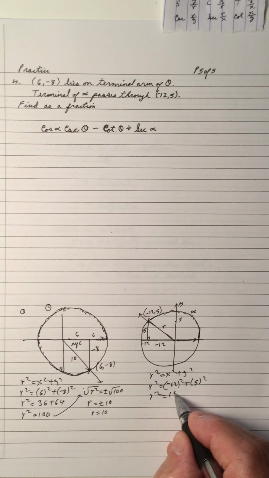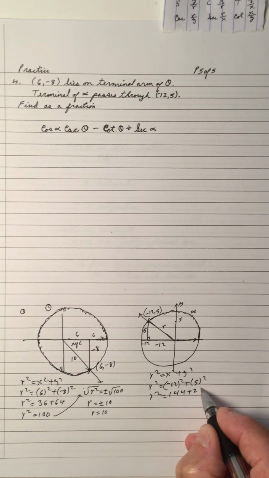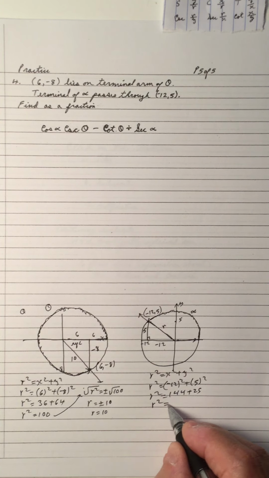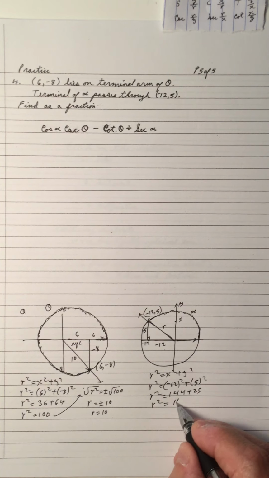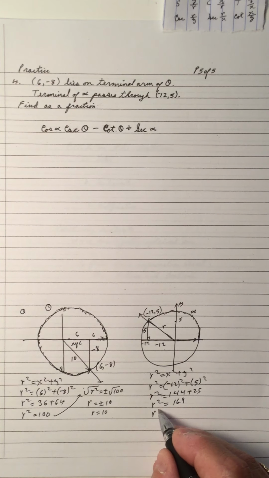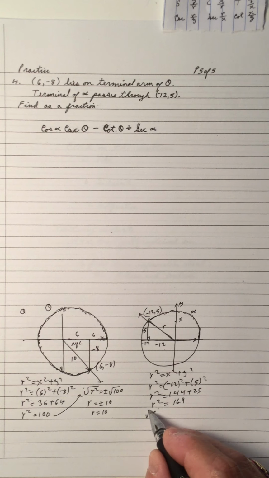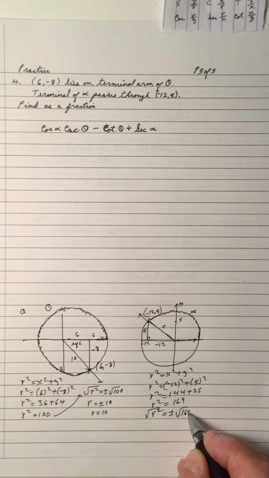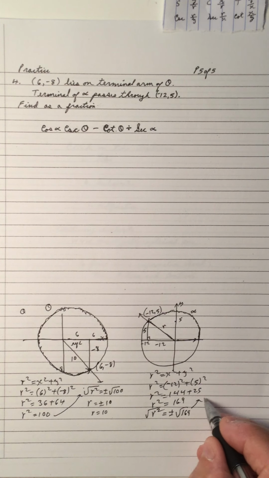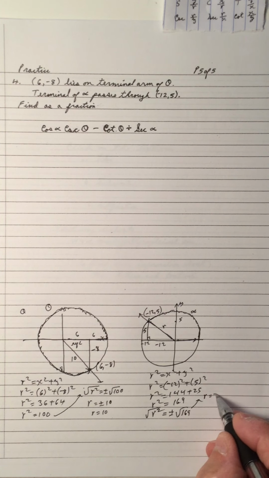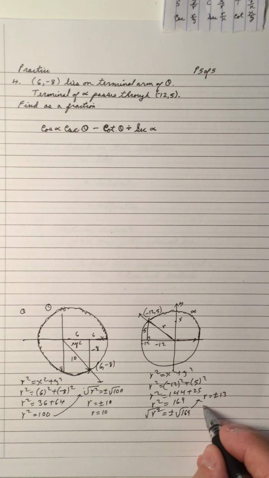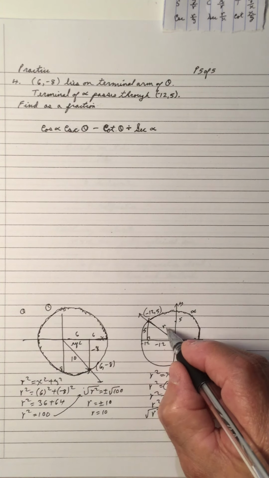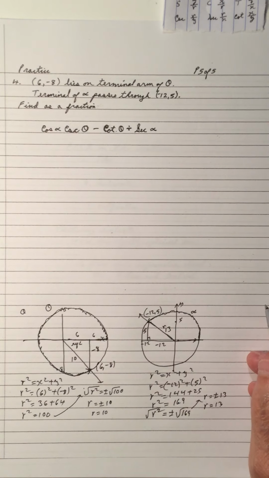R squared is 144 plus 25. R squared is 169. The root of r squared is plus or minus the root of 169. So that means that r is plus or minus 13, which is the square root of 169, so the radius is 13. Okay, now we have to be careful.